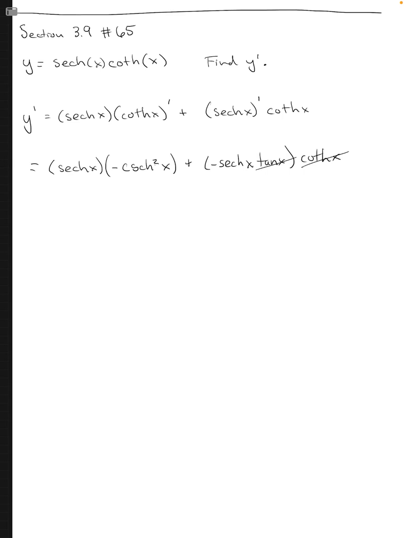And we also notice that we have this negative sech that we can pull out of the whole thing. That leaves a csch squared x here. And once tanh and coth cancel one another, all we were left with was that negative sech. So this becomes 1. So that's what we got for this guy.